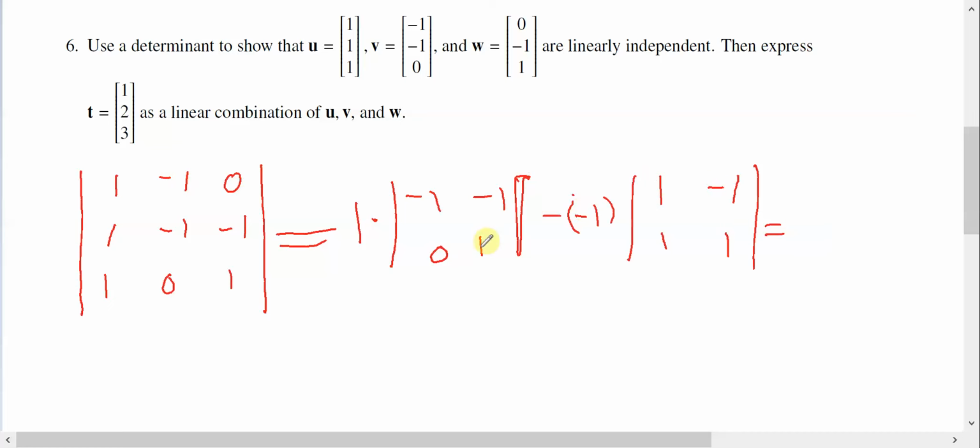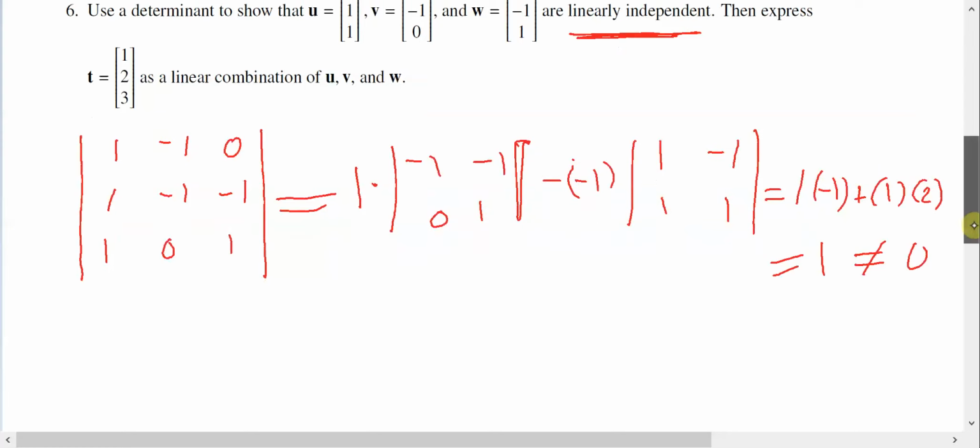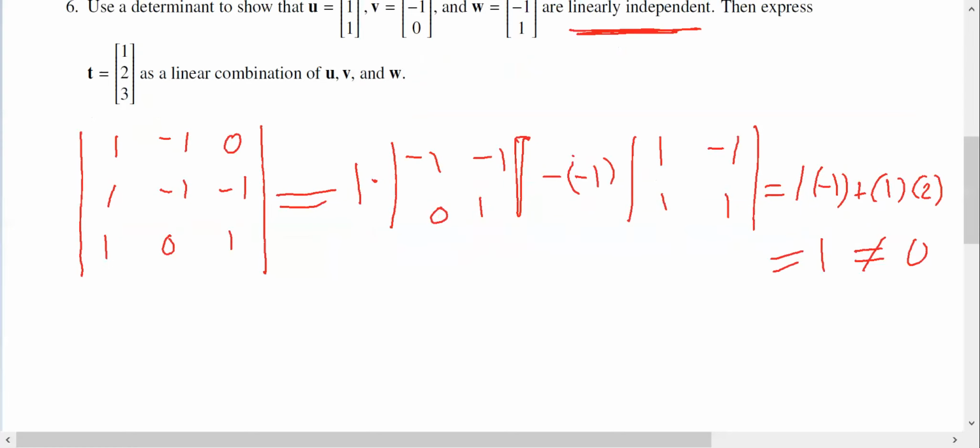So I get 1 times, this is just going to be -1 plus 0, so it's 1 times -1. And then I've got minus a -1, so I'm just going to go ahead and say plus 1. And then here I get a 1 minus a -1, so that's 2. So that's going to equal 1, which is not 0. And that means if the determinant's not 0, then those vectors are linearly independent.